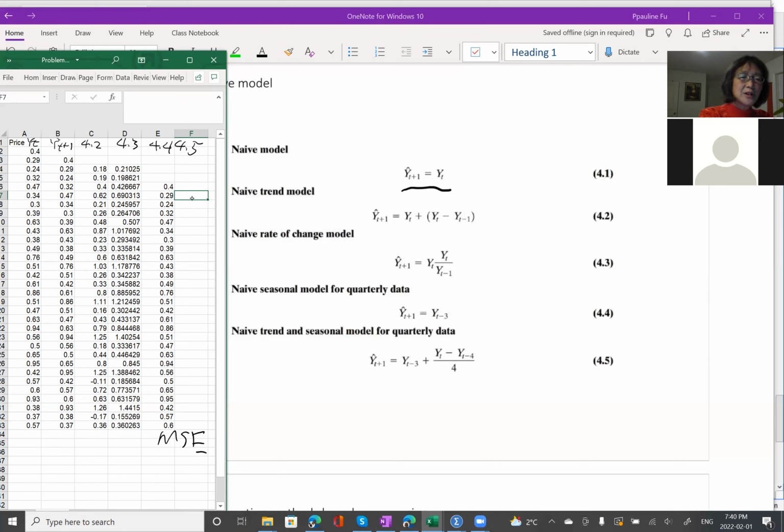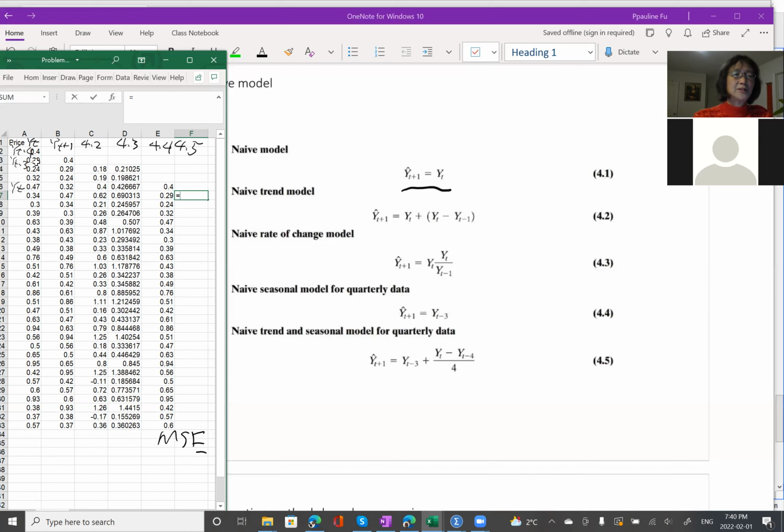So the number before it, this is Y_t. Okay, 0.47 is Y_t. So minus 1, minus 2, minus 3. So this is Y_t minus 3. And then the first one is t minus 4, Y_t minus 4.